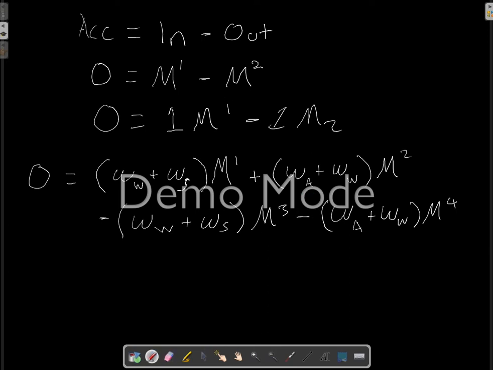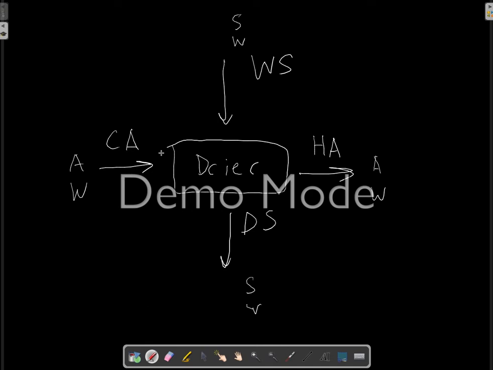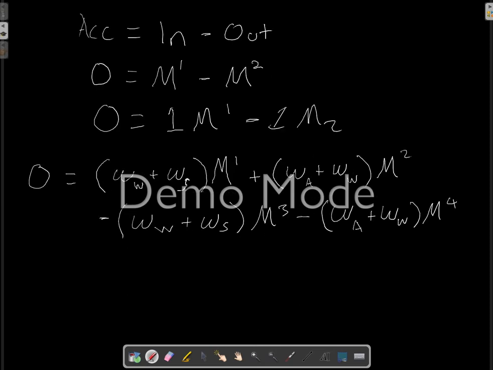Just to make that a little bit clearer, let me go over. I'll call this stream 1, stream 2, stream 3, and stream 4. So, realistically, that is what our overall mass balance equation looks like for the problem we just did.